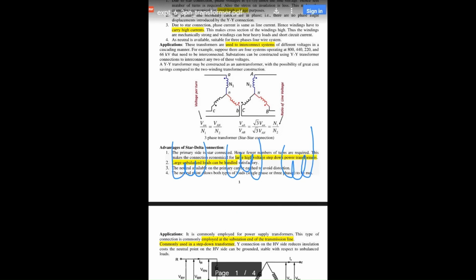Let us suppose we are talking of the primary side, which is star connected. In the star connection, what is happening? One terminal is connected to the phase and the other is connected to the neutral. All these three phases are connected to the neutral. These are our three terminals of different phases.